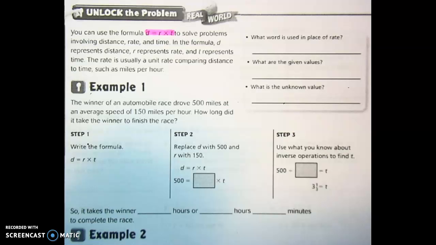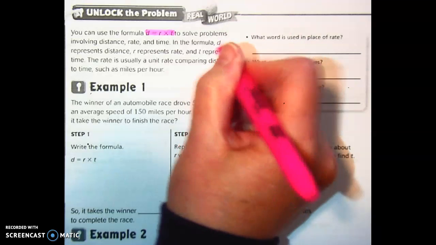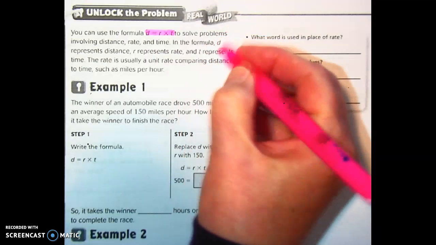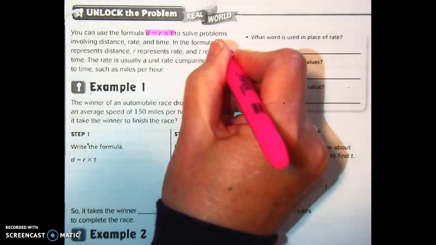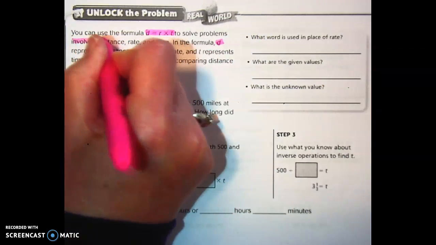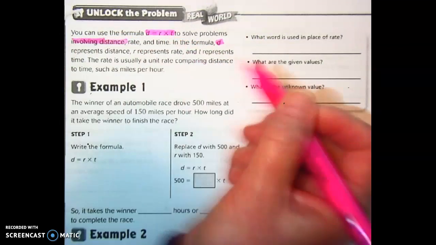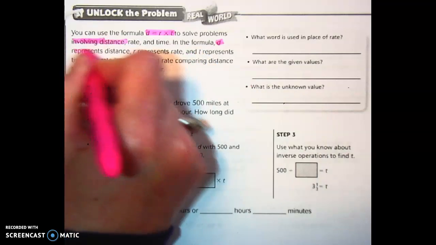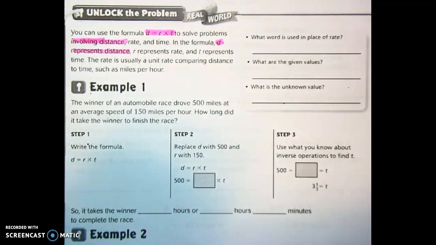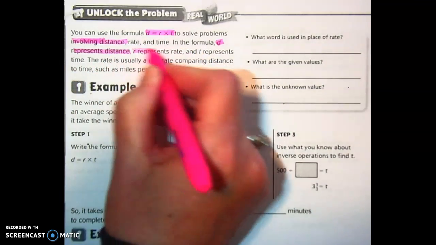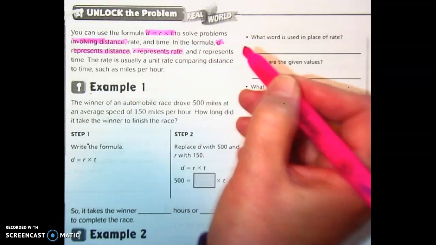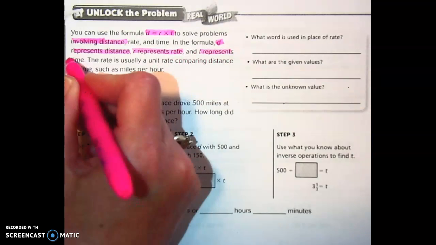In the formula, D represents distance. Go ahead and highlight that so you can see it. R represents rate, and T represents time.